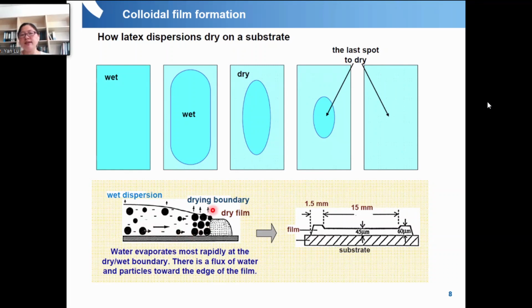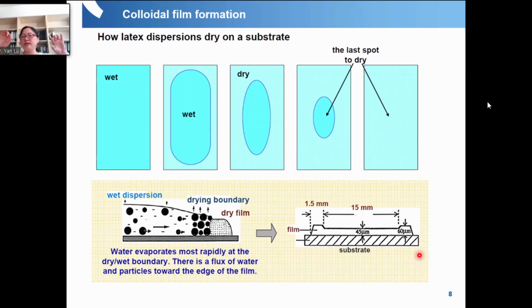So that's why this kind of flux of the movement of the particles will influence the final morphology of your film. And normally you will see a kind of film that actually is not homogeneous. At the side or the edge of the film, it is a little bit thicker.